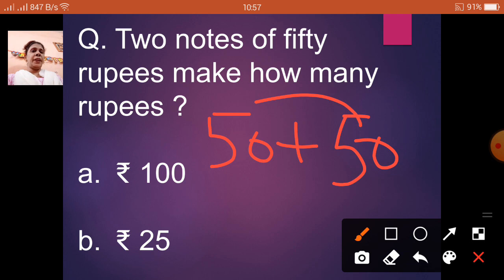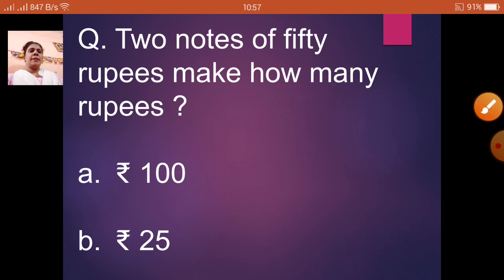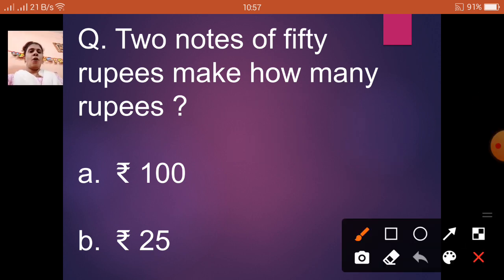So 50 plus 50 is 100. Option A, rupees 100. So 2 notes of 50 rupees make rupees 100.